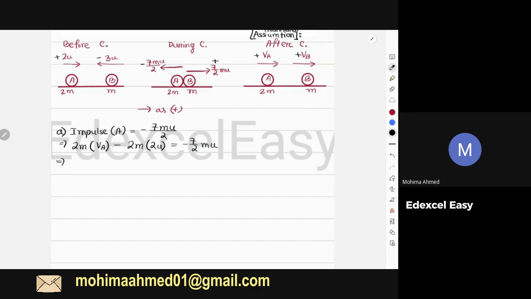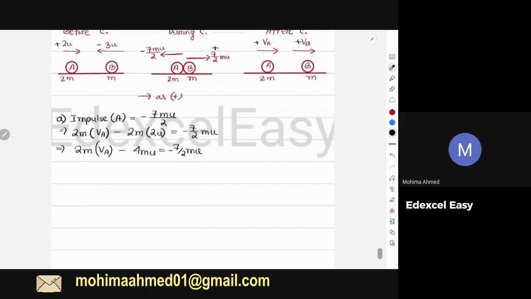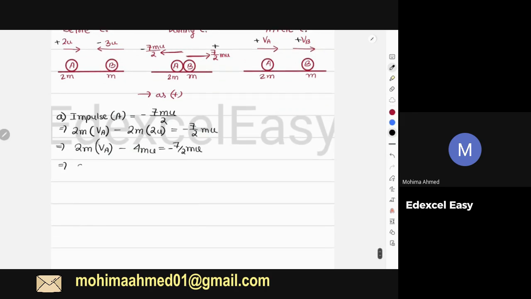From there, if I write 2m VA minus 4 mu equals minus 7 over 2 mu, and I take this 4 mu to the right hand side, you have 2 m VA equals minus 7 over 2 mu plus 4 mu, right? 7 over 2 is 3.5, minus 3.5 plus 4 gives you 0.5 mu.